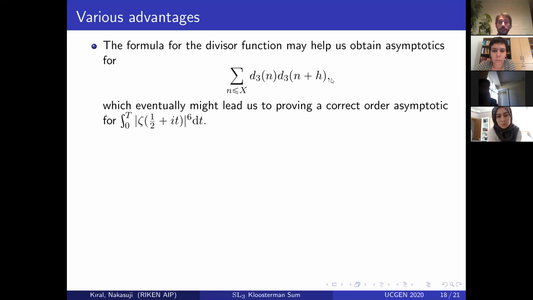So at least the first step I would do is to expand this in terms of a series of exponential sums with n plus h in it, and maybe have a hope at the 6th moment of the Riemann zeta function.